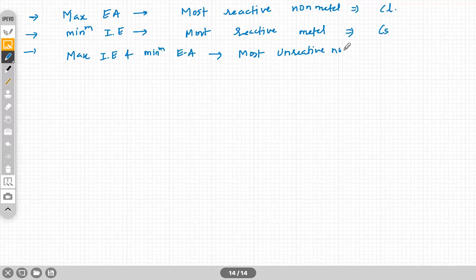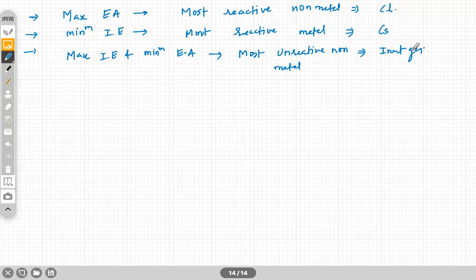You see, these are three different terms. Most unreactive non-metals, that is the inert gas. These two things you must memorize.